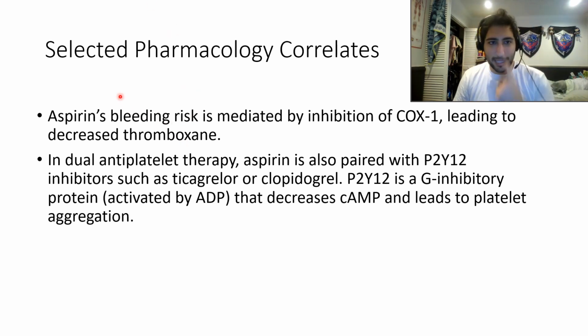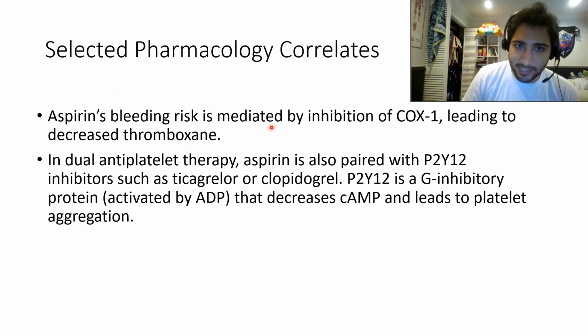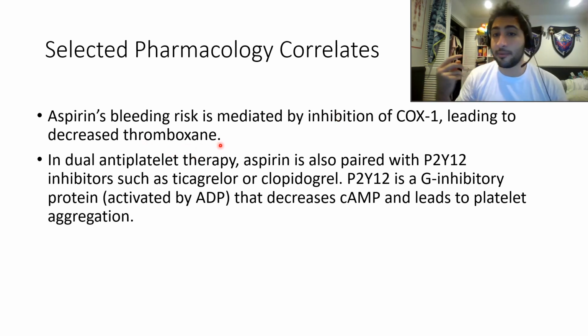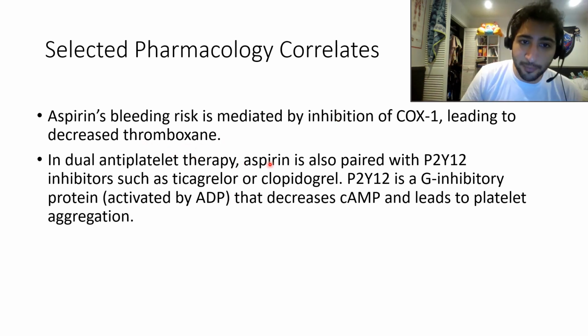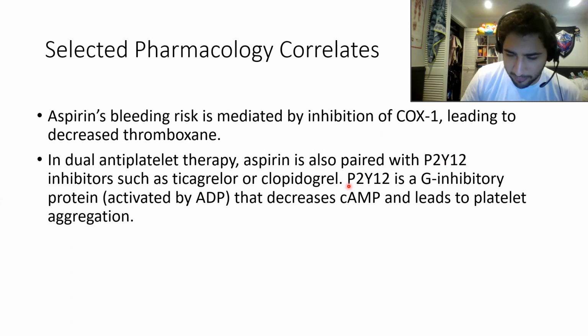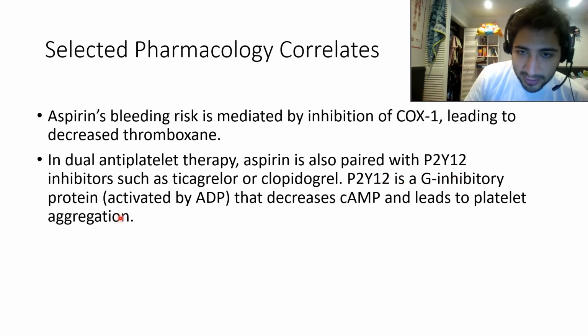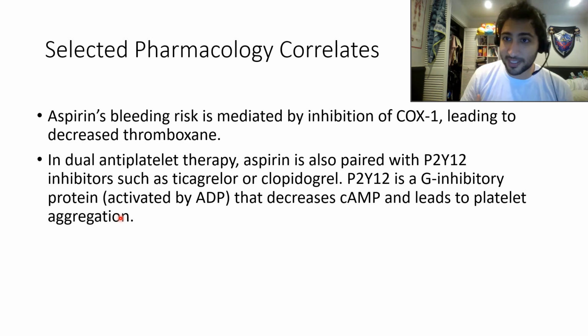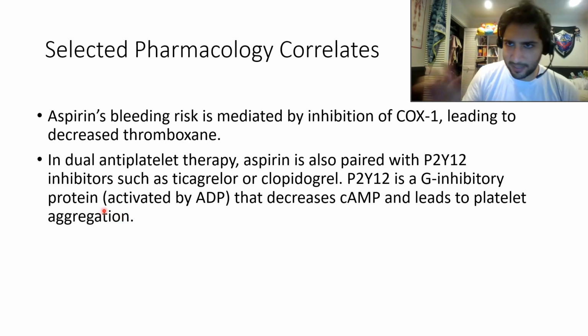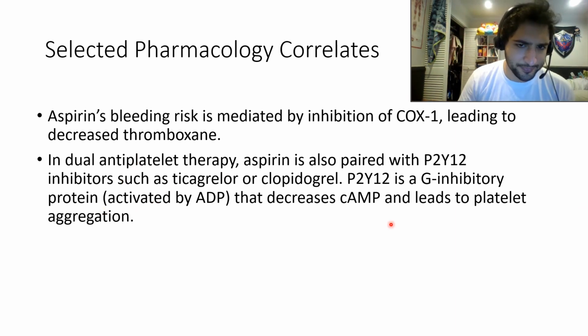So like we said, aspirin's bleeding risk is mediated by inhibition of COX-1, leading to decreased thromboxane. However, we utilize this in dual antiplatelet therapy by pairing aspirin with P2Y12 inhibitors, such as ticagrelor or clopidogrel. The main difference is the reversibility, but you don't need to know that. P2Y12 is a G inhibitory protein. We talked about this in a previous lecture. You can review the arachidonic acid pathway lecture in the molecular biology neoplasia playlist that I have.